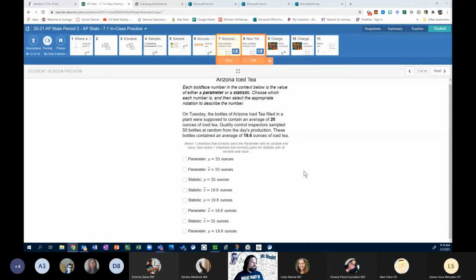All right. And so that will be this in my screen. It's the first checkbox that is parameter mu equals 20 ounces. The next number, 19.6 ounces of iced tea, that is the sample statistic. Right, so that gets the statistic x bar equals 19.6 ounces.